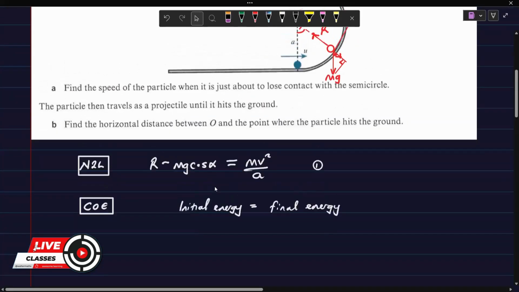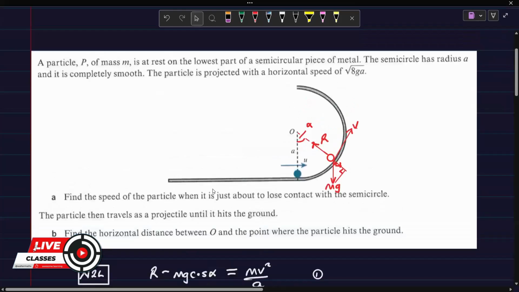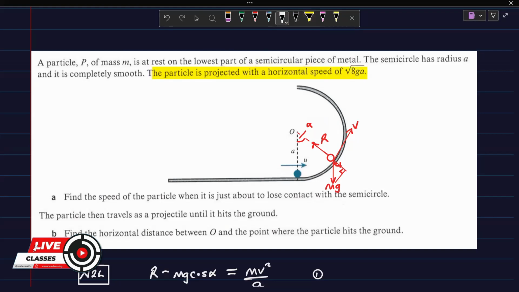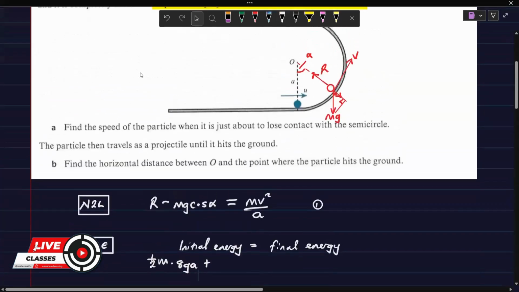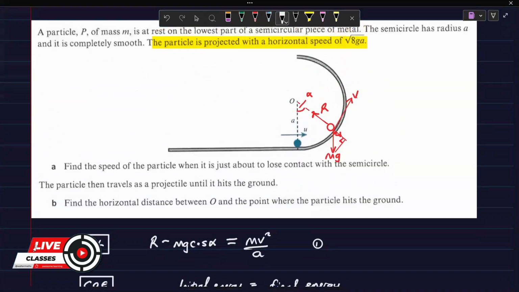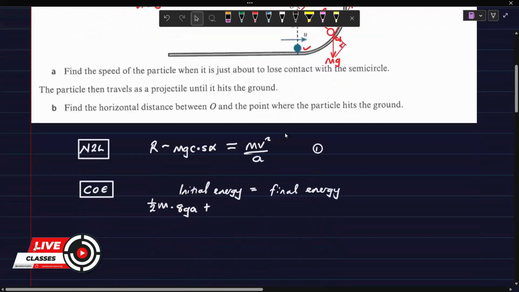Here they say the particle is projected with a horizontal speed of root 8ga. So the initial kinetic energy is going to be half m v squared, which is just 8ga, plus the gravitational potential energy. If we take this whole level to be h equals 0, the gravitational potential energy at this point is going to be minus mga.